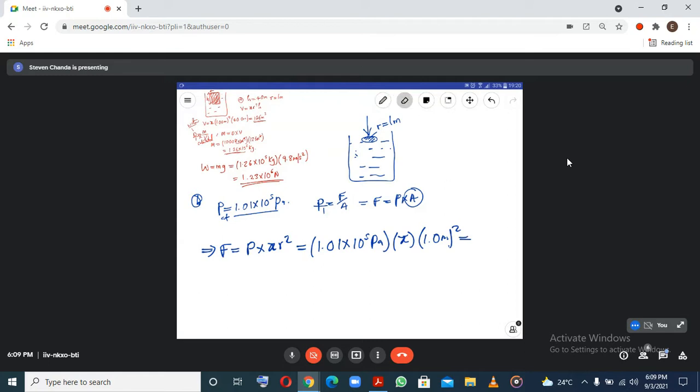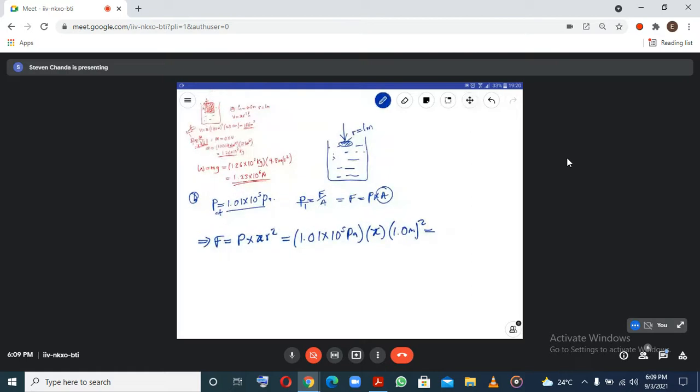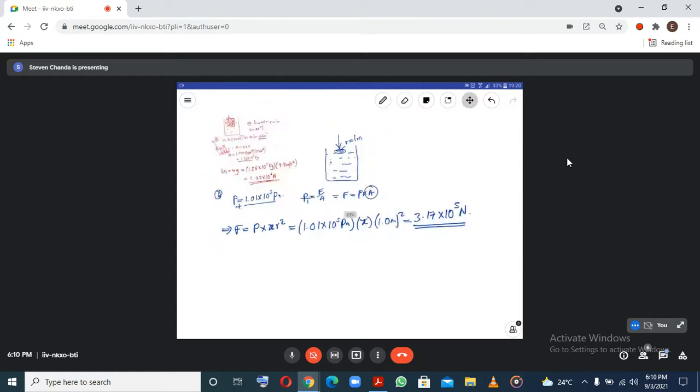So what you're going to get is the force that the atmospheric air was having on this particular disk. You see the force really is quite big, and the reason for this is because the area is small, like we had discussed last week. So that's basically how we would go about this question.